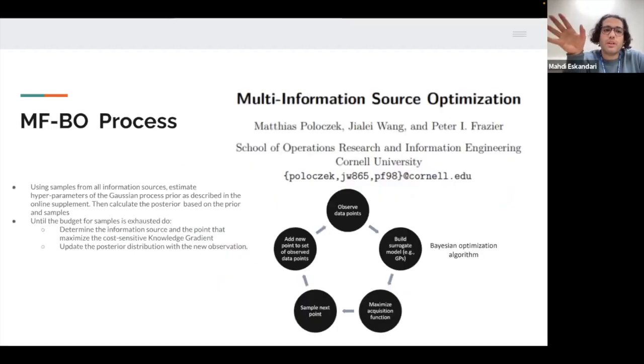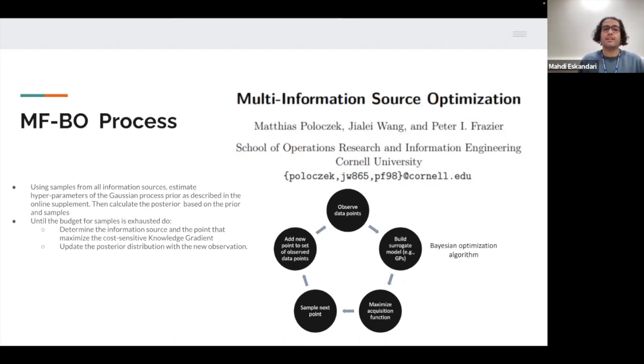So the MFBO process, in order to solve that problem, we use this paper that I mentioned here, multi-information source optimization, and the algorithm for solving this problem in a very simple form goes like this. We are using the samples that we already have to estimate the hyperparameters of the Gaussian process that we are going to fit to our model, and we have an amount of budget that we are going to use.